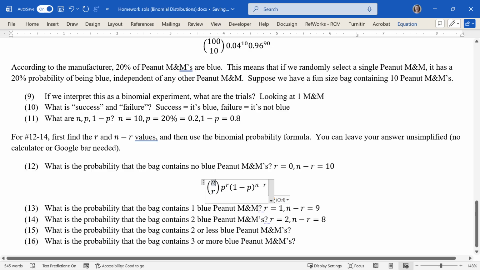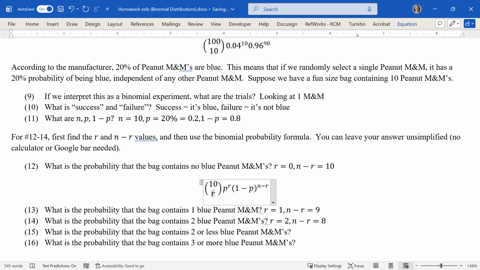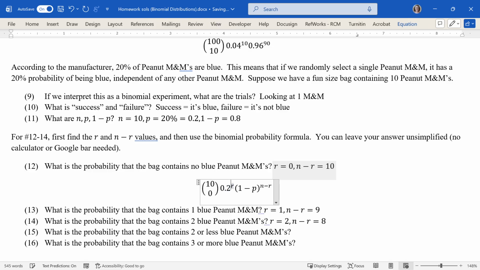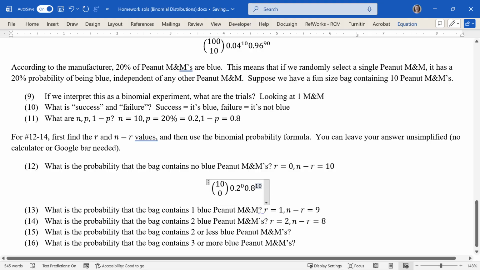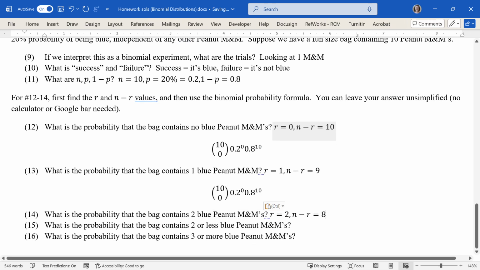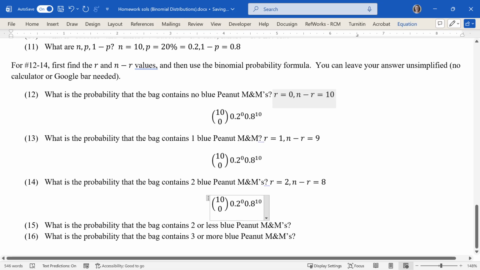Okay, so number of trials is 10. Number of successes we're looking for in this question is 0. Probability of success, 20%. Number of successes, 0. Probability of failure, 0.8. Number of failures, 10. Right, and I'm just going to copy paste this again for these ones and change the numbers.